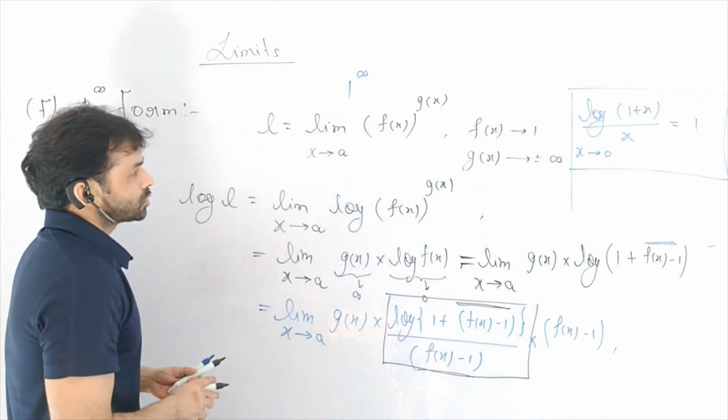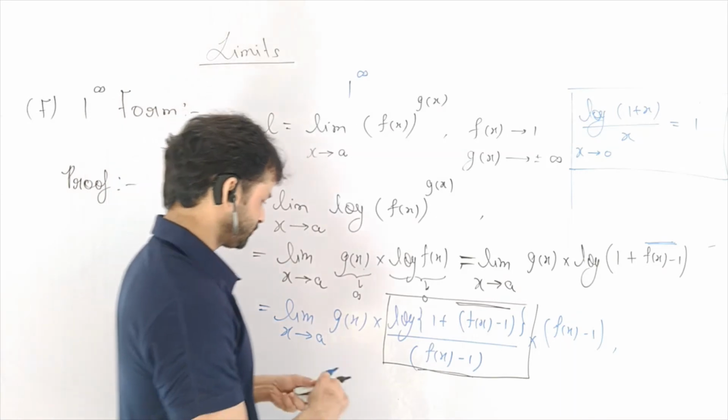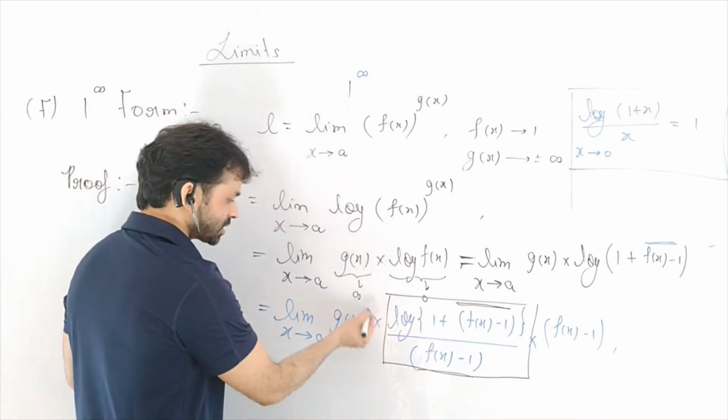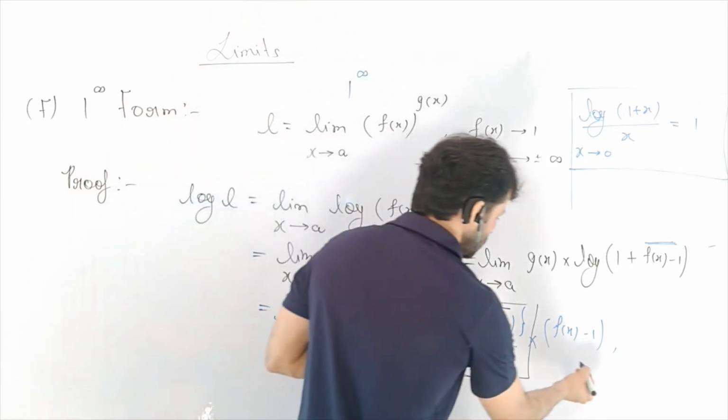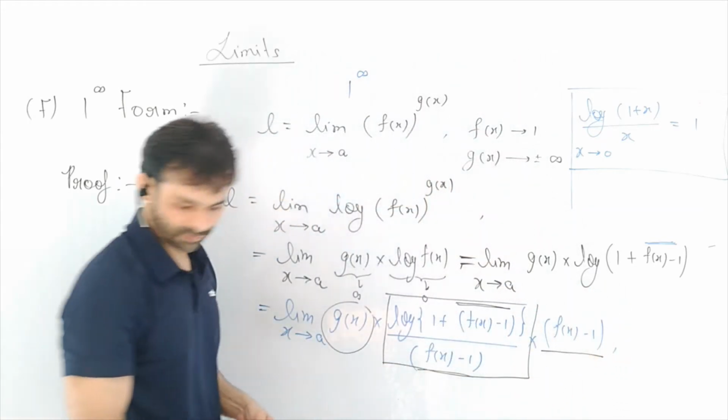So what will be left? This gx and this fx minus 1 will be left.